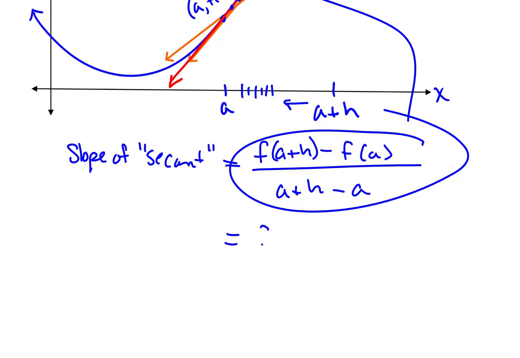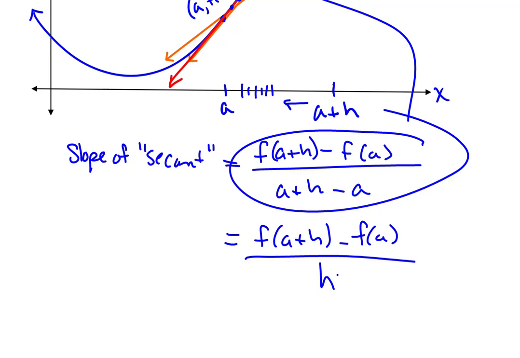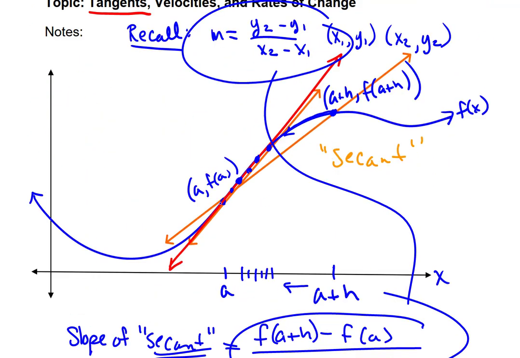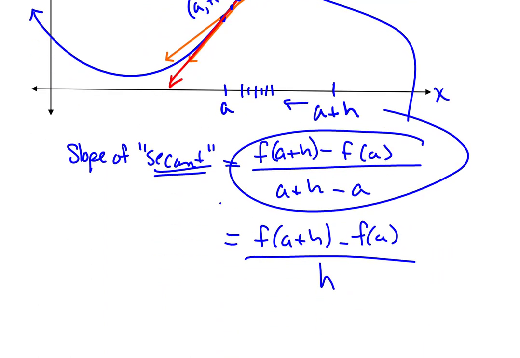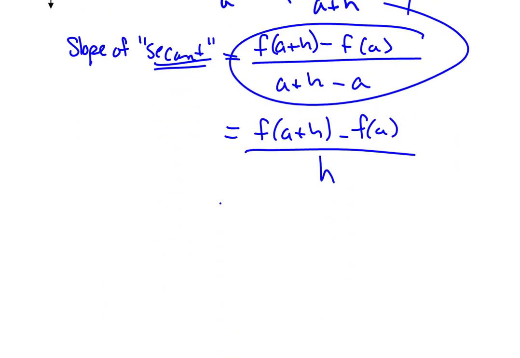Let's rewrite this as f of a plus h minus f of a all over h, since a plus h minus a in the denominator, those a's would cancel, giving me just an h. So that's the slope of the secant line. But remember, our original goal was to find the slope of this tangent line in red. So here's where we can use our friend the limit to help out.